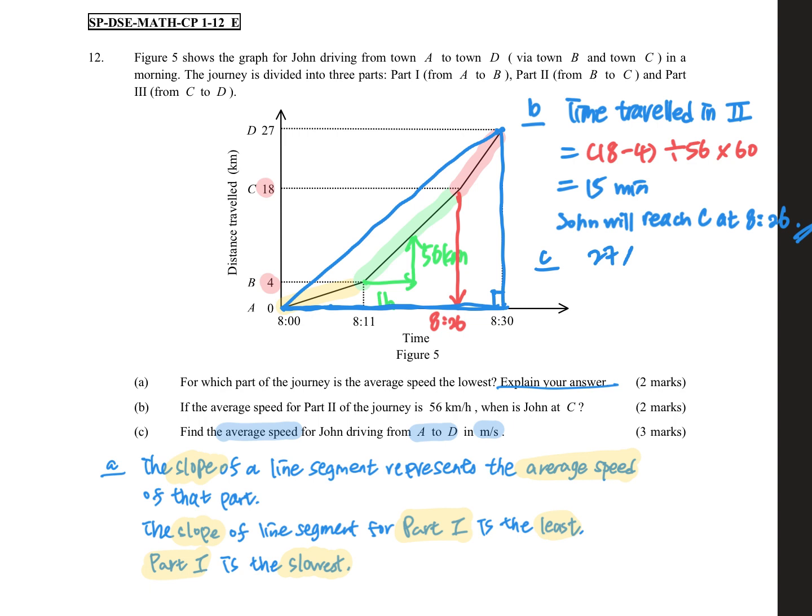So here we can have this. Then just make use of the calculator. So that will be 15 meters per second.